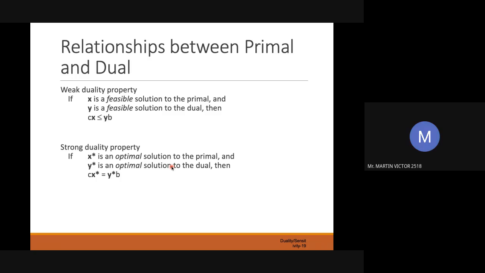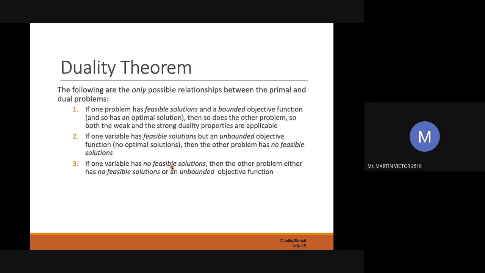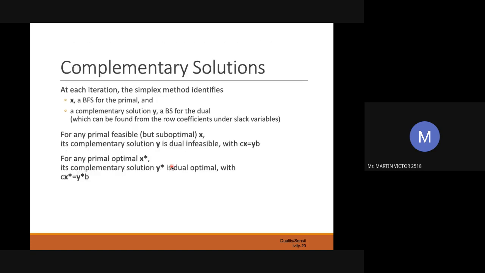That is our weak duality property. When we call it strong duality, it means if x is an optimal solution to the primal and y is an optimal solution to the dual, then both primal and dual will be equal. That is the point you have to understand.